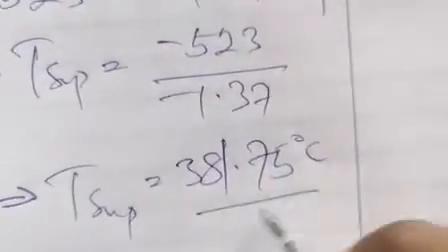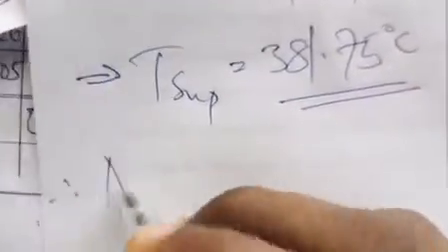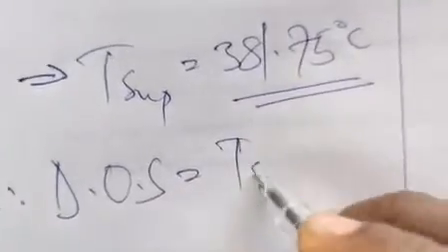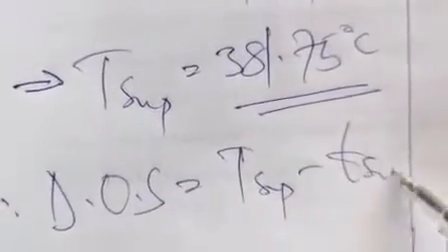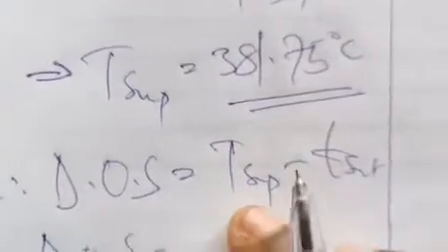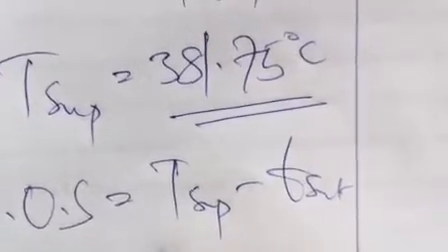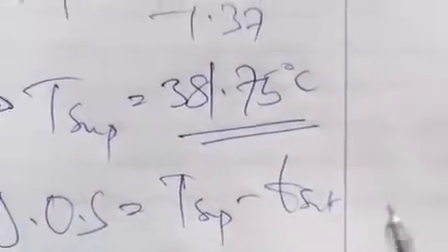degrees Celsius. So this is now the superheated temperature, but the degree of superheat is simply the superheated temperature minus the saturation temperature.